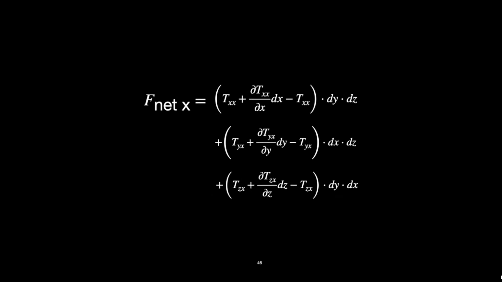If you look at the second term, Tyx, the normal is in the y direction, but the force is in the x direction due to stress. So we're still looking in the x direction for the forces.